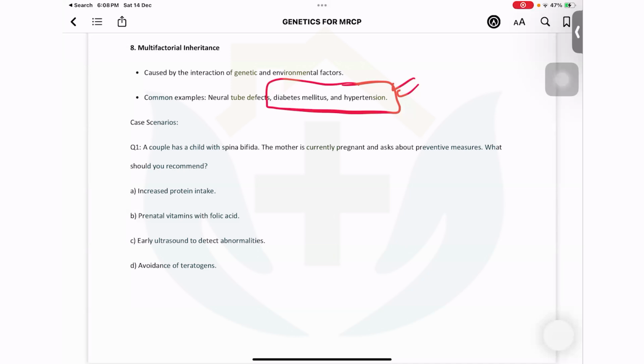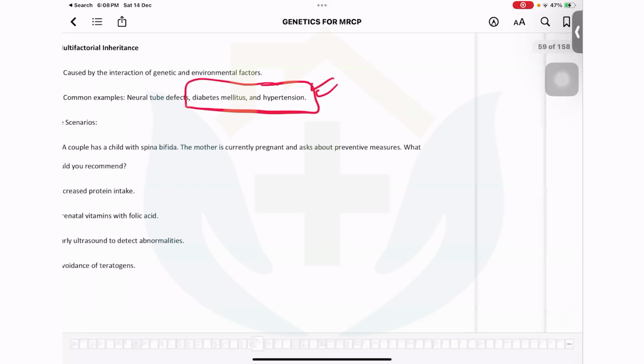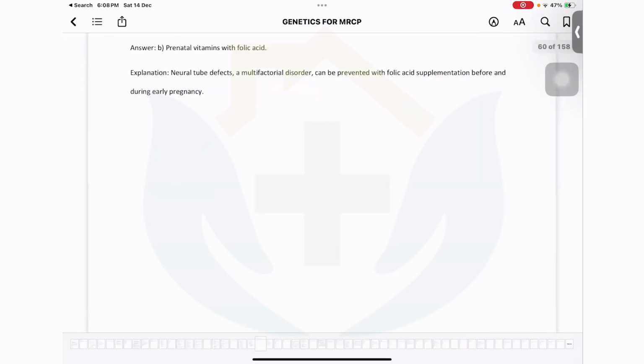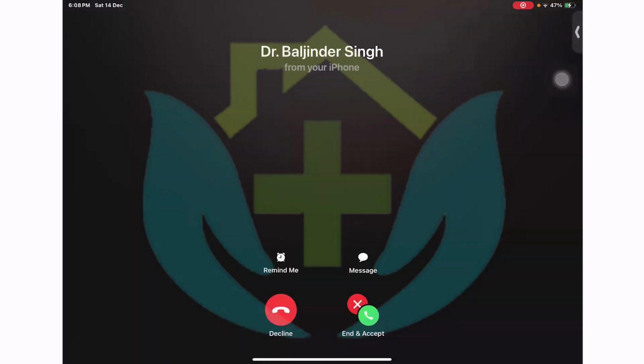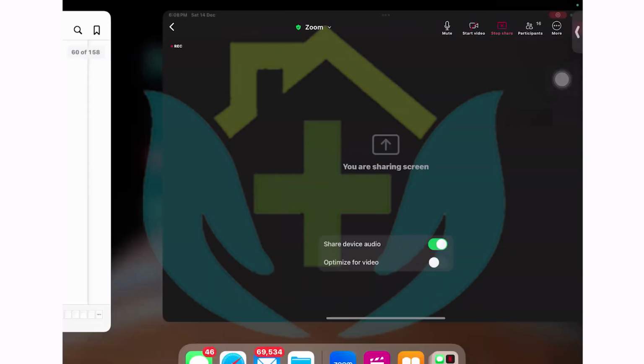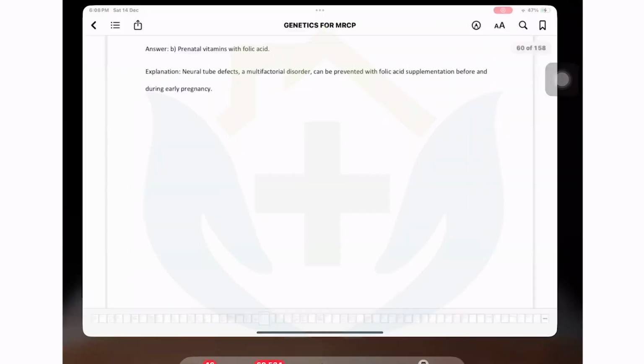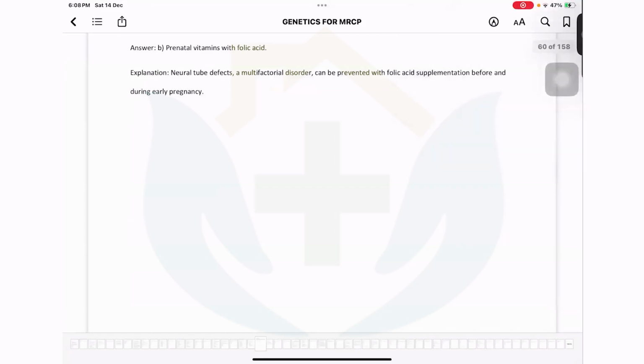Any idea? Prenatal vitamins. So we would like to give this patient a good dose of folic acid. So folic acid replacement we will do. Neural tube defects is a multifactorial disorder and it can be prevented with folic acid supplementation before and during early pregnancy.